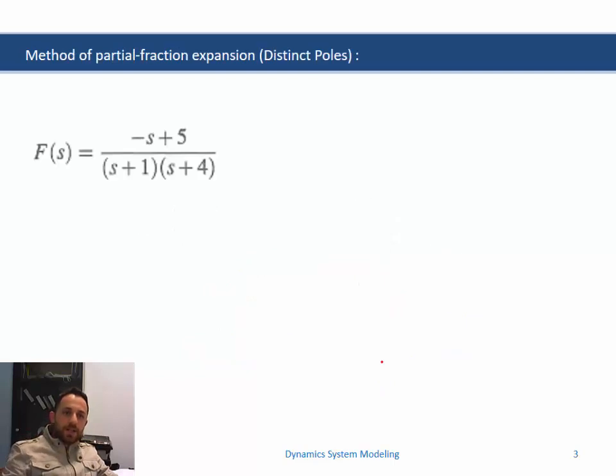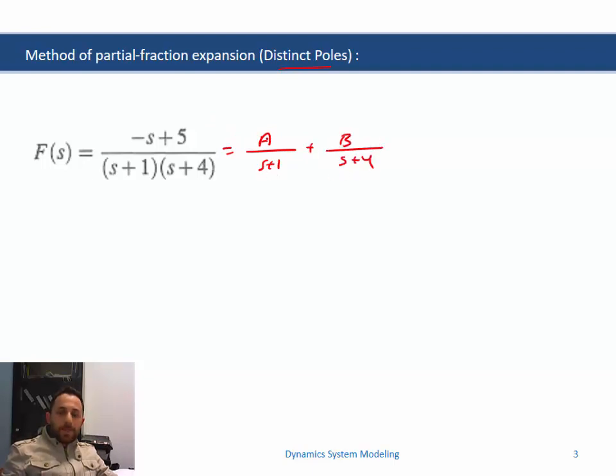Now let's take the scenario where the order of the polynomial in the numerator is strictly less than that of the denominator, and that the denominator can be factorized into two distinct poles. Then you can use the method of partial fraction expansion by saying A over s plus 1 plus B over s plus 4.